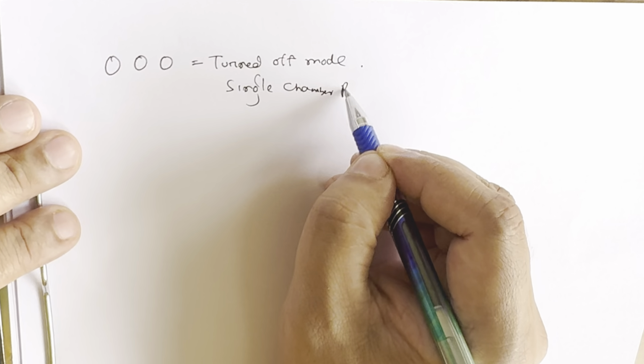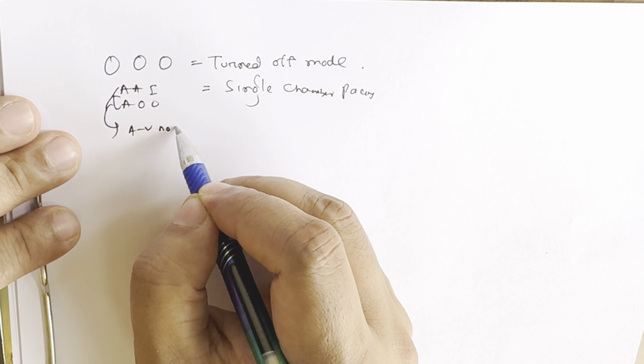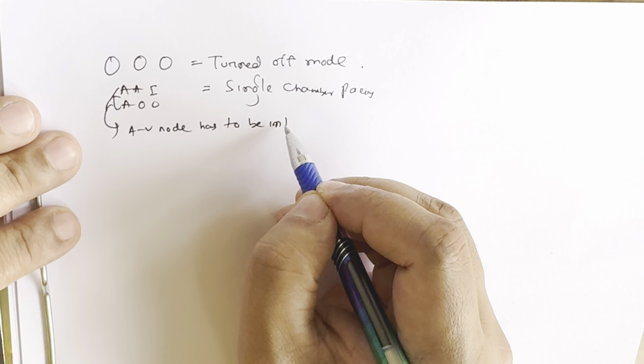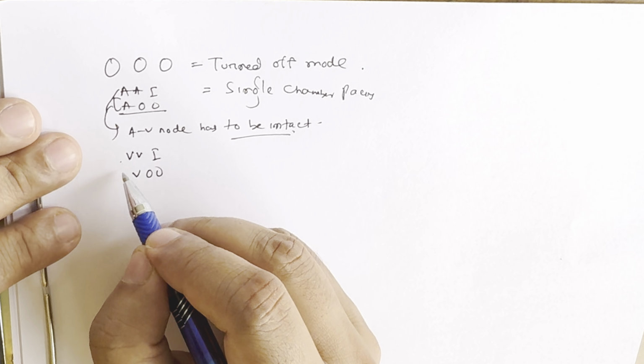For this to function, AAI especially, the AV node has to be intact. Otherwise, there will be asynchrony. AOO is the magnet mode or the OT mode, right? Similarly, there can be single chamber pacing with VVI and VOO, right?